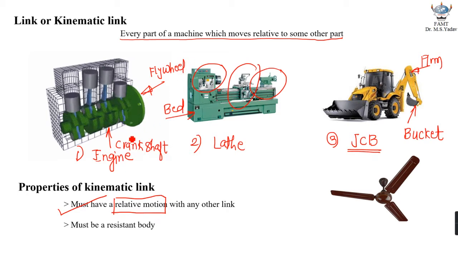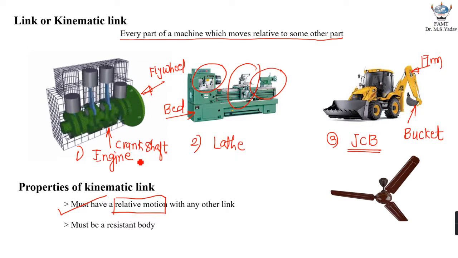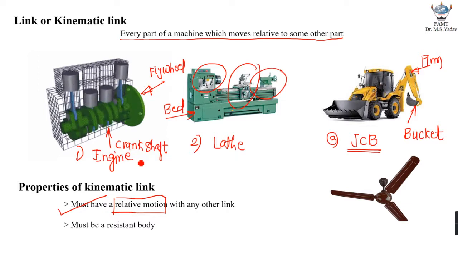So as the crankshaft turns, together with crankshaft, flywheel also has to turn. Means relative motion between crankshaft and flywheel is not possible. So even though these are two different parts of an internal combustion engine, in kinematics of machinery, we will not be calling them two separate links. Both crankshaft and flywheel become one and the same link.